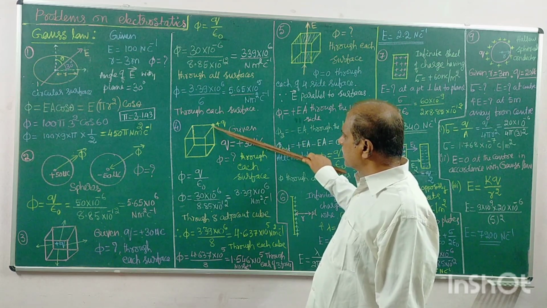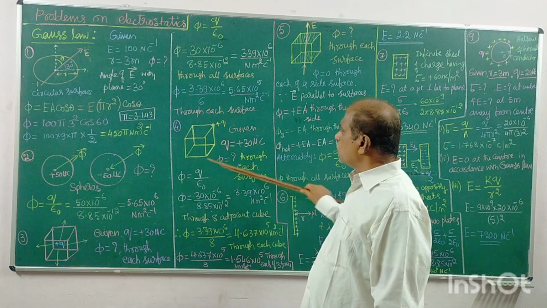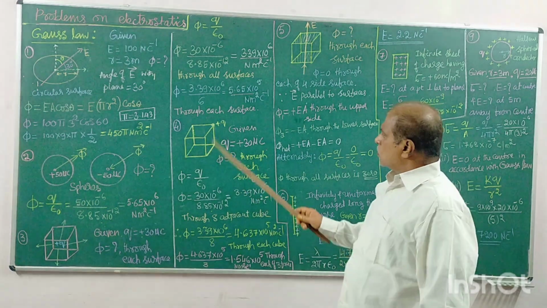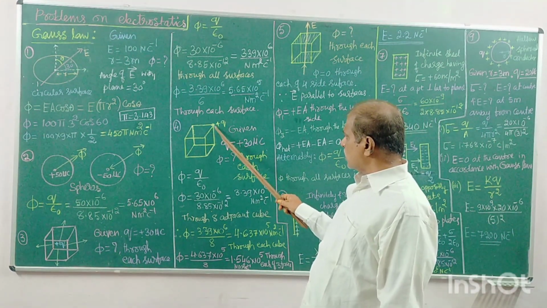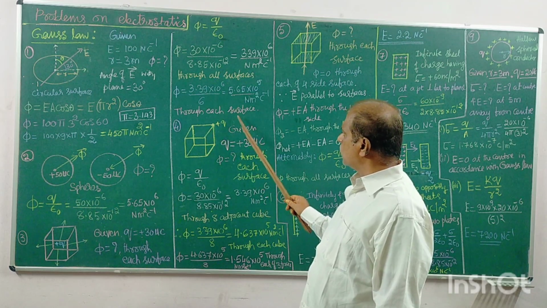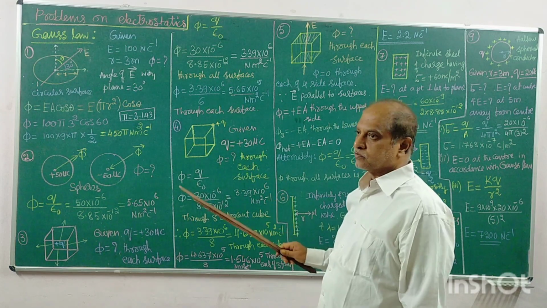So this point is actually an enclosure of 8 adjacent cubes. Total flux due to this charge is the flux passing through all the 8 cubes. 8 cubes is the enclosure.